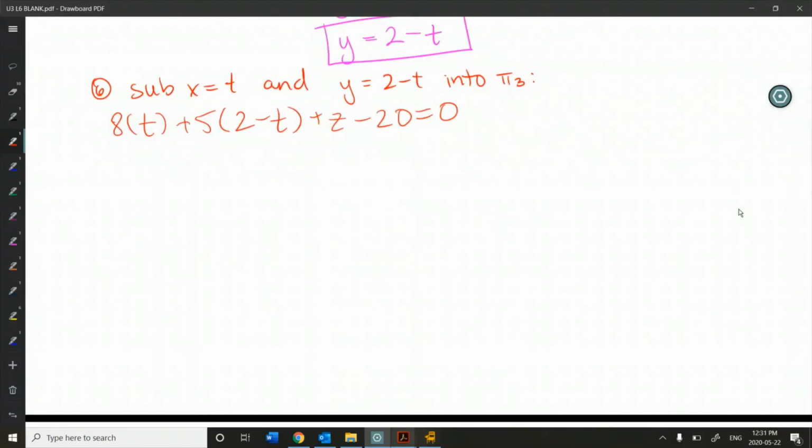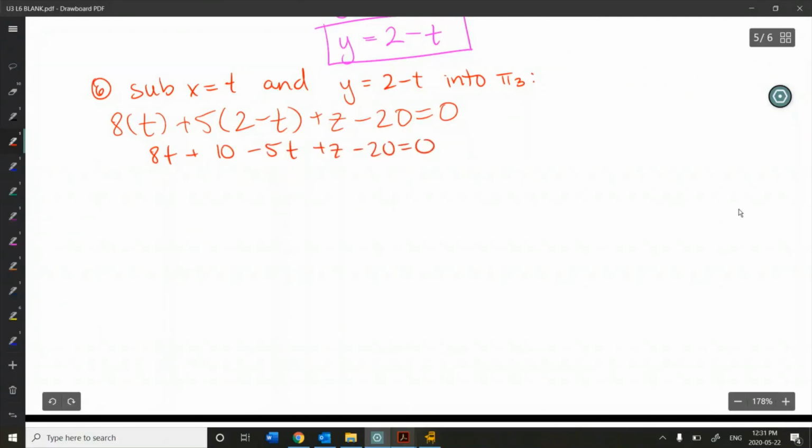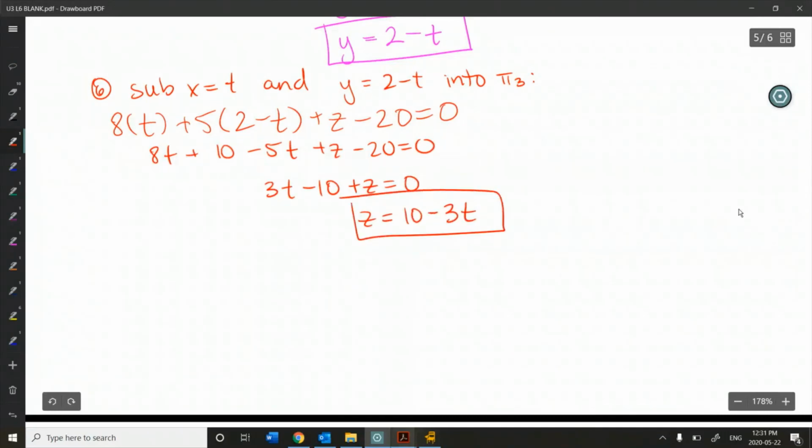Okay, so I've subbed this into plane number 3, so we're getting 8t plus 10 minus 5t plus z minus 20. So our job now is just to isolate for z. So I'm getting 3t minus 10, which makes z equal to 10 minus 3t. And that's the last part of the parametric equation for my line of intersection.